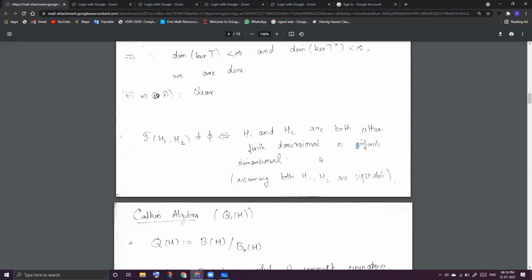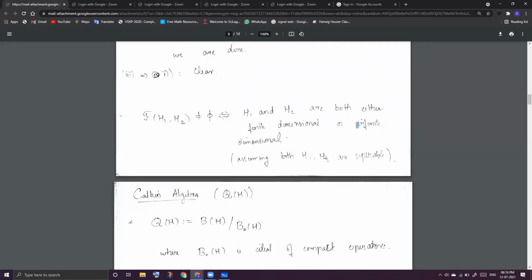In the finite dimensional case, every operator is a Fredholm operator because range T will be a subspace, finite dimensional, and closed, and kernel T and kernel T star both are going to be finite dimensional. So any operator is going to be Fredholm.